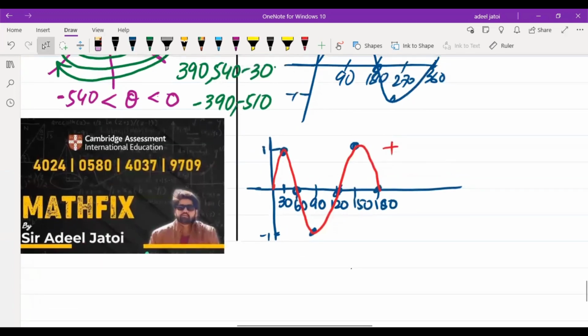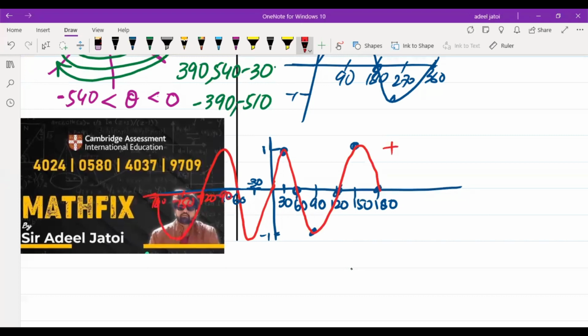Similarly, if I move backwards, I will end up having my negative domain as well. My negative domain will be minus 30, minus 60, minus 90, minus 120, then minus 150, and it will go further till minus 180.